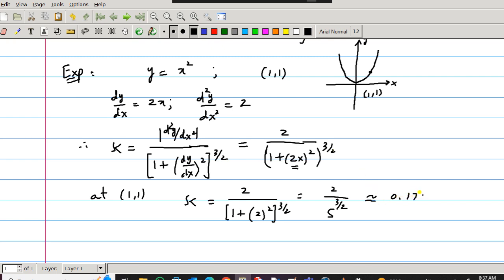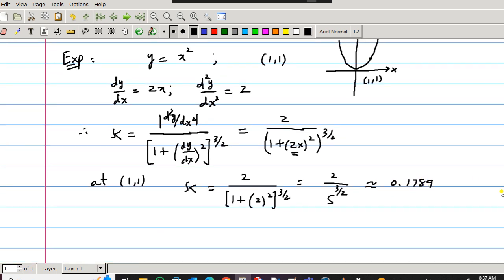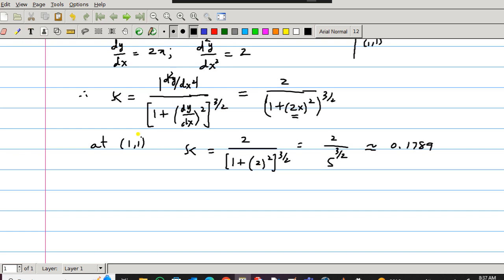So I can say 0.179 can also be written here if you stop at 3 decimal places. And so this is the curvature, right?